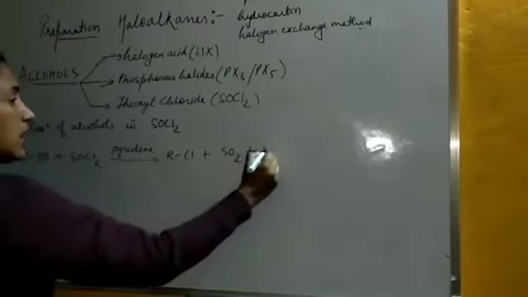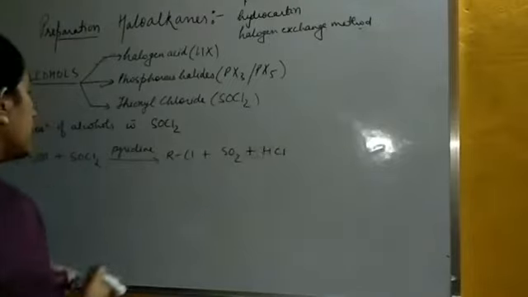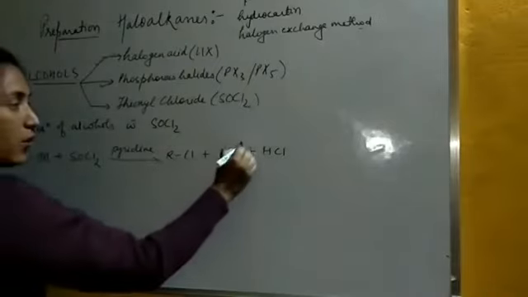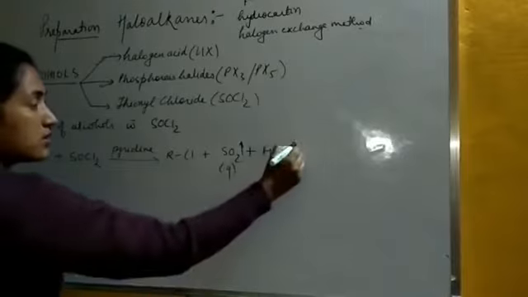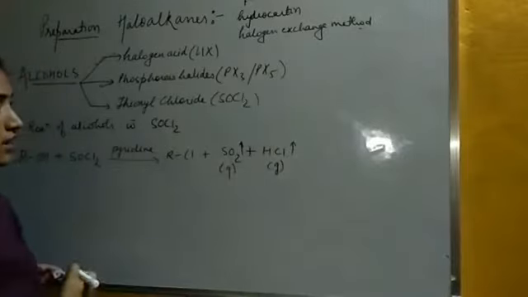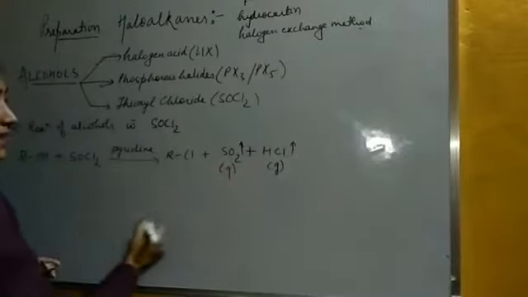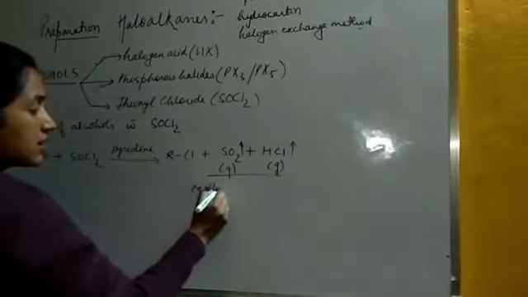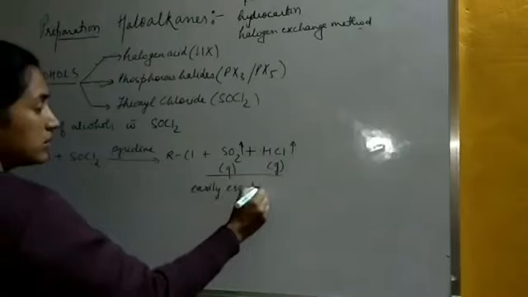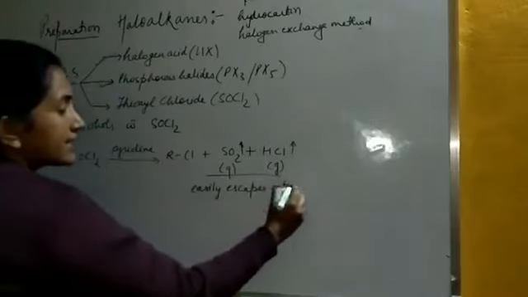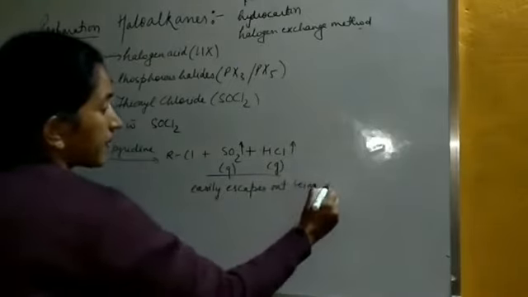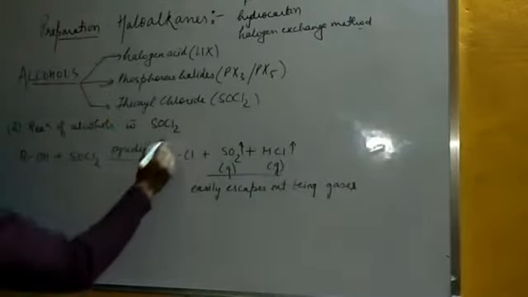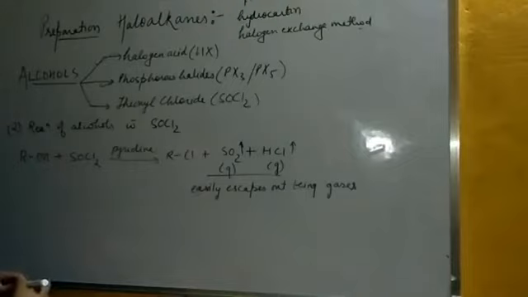Along with that, HCl. Here this is the haloalkane, and SO2 and HCl are in the gaseous state, so being gases they easily escape out, and the haloalkane is separated out.